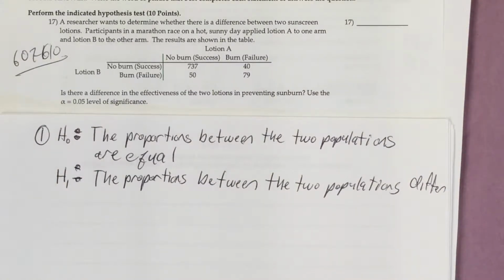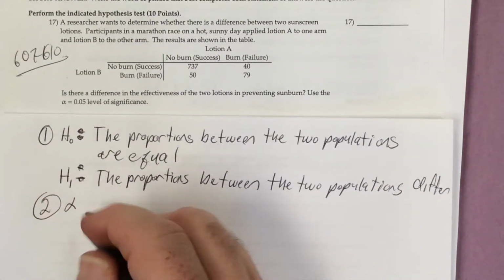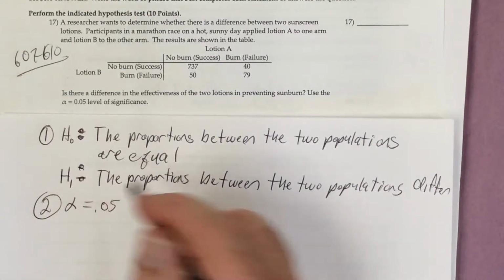In this case, the researcher wants to determine whether there is a difference between two sunscreen lotions. Okay, so we have our null, we have our alternate. The level of significance, alpha, is going to be equal to 0.05, pretty standard one.